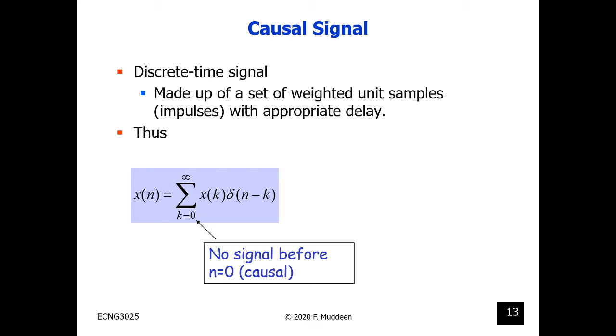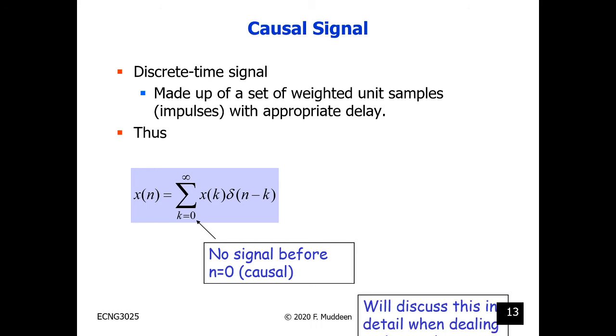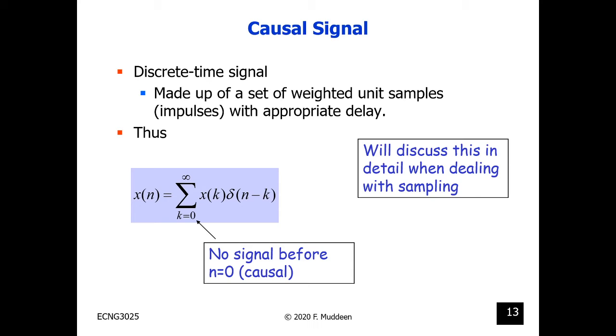So for any discretized time signal, because we're going to be dealing with causal signals for this course in particular, that means that the k-index here for a summation series must always start at 0, or it must always be positive, and that we go towards some positive finite value for a summation. And in particular, we'll discuss this in a lot more detail when we actually hit the sampling lecture.